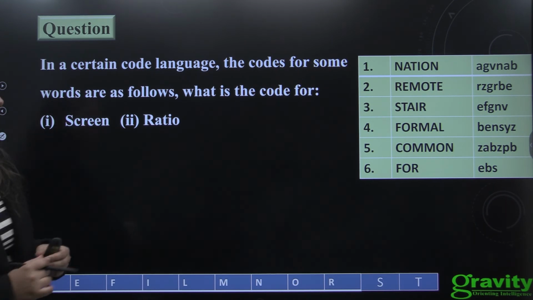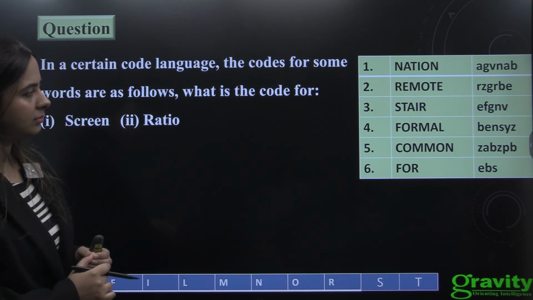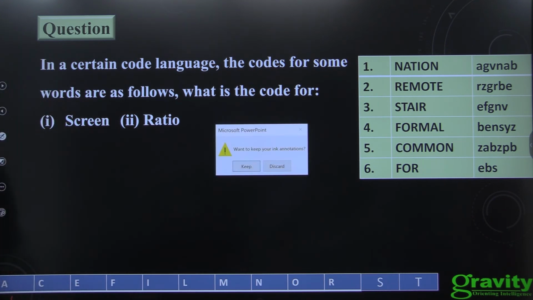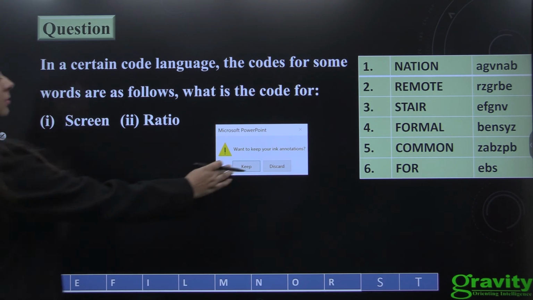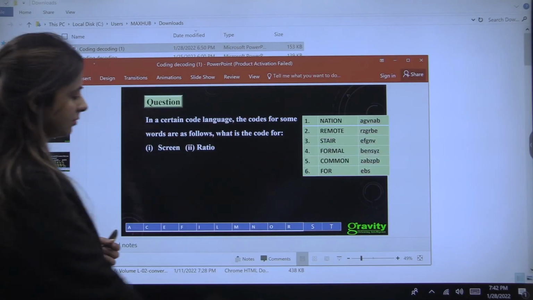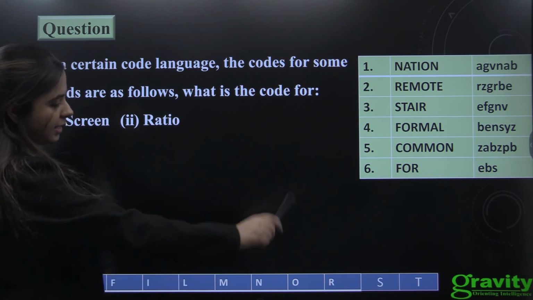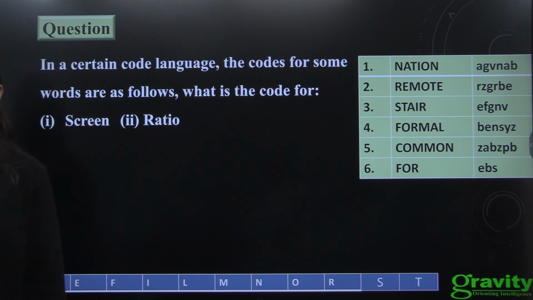Take some time for this one. We have to find the code for these letters at the bottom.